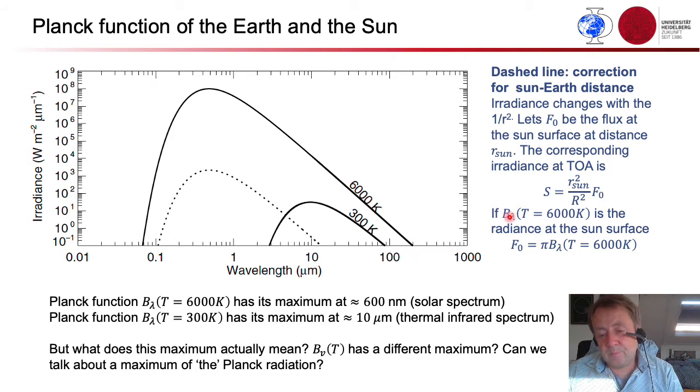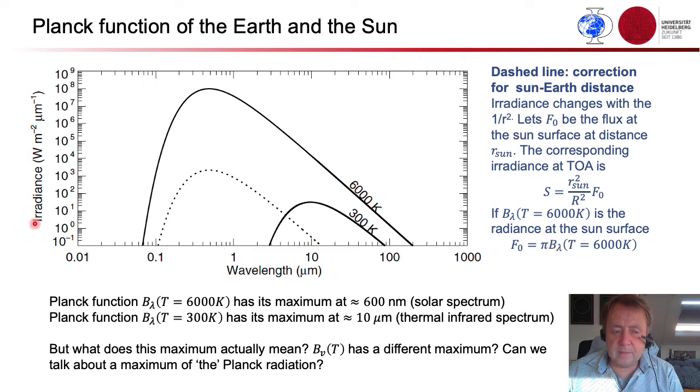Now, the Planck function is actually a radiance which we have to translate to an irradiance, and therefore we have to apply a factor of pi to the Planck curve. That is simply assuming that the radiation is isotropic, the thermal infrared radiation, which is the case. We know that. Then the integration over all directions over one half sphere gives us the factor of pi.